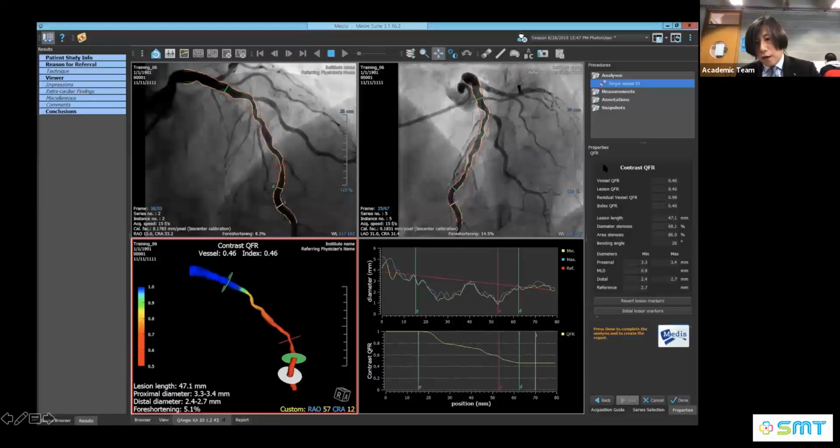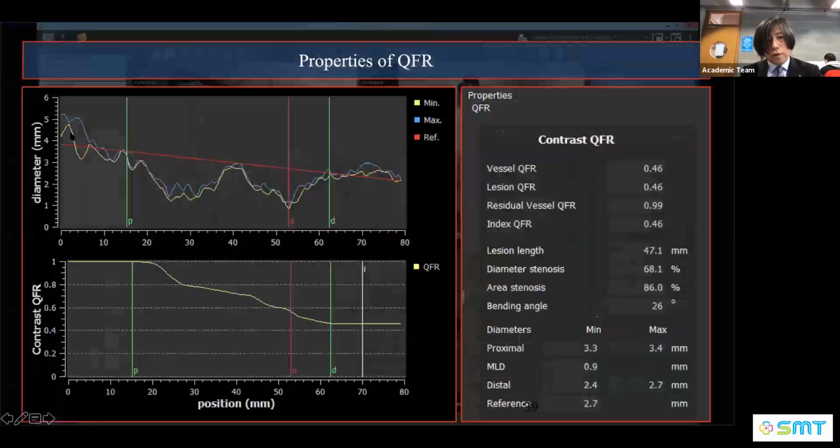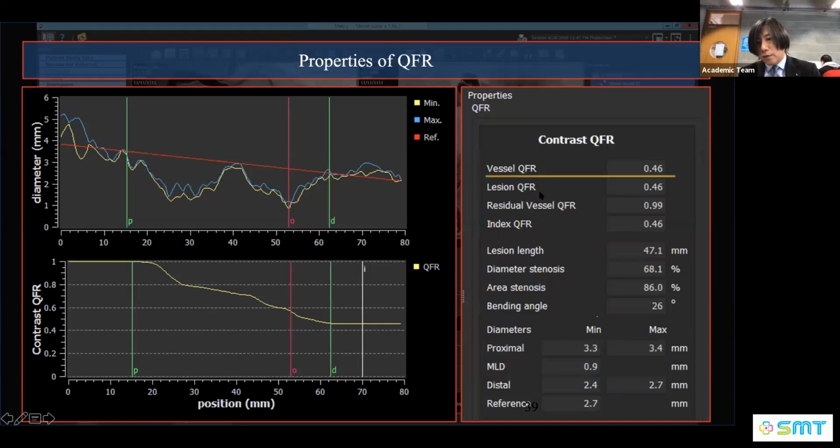So if you look at the output of this QFR, you can see that first of all, there was a diameter curve from the two projections, and there are the QFR pullback parameters. If you look at these parameters, vessel QFR is the QFR in the distal part of this analysis.